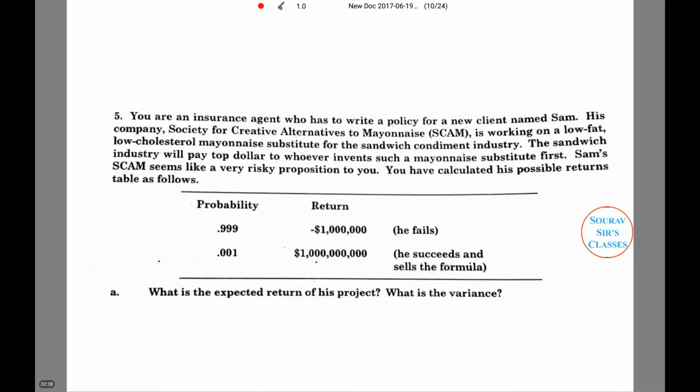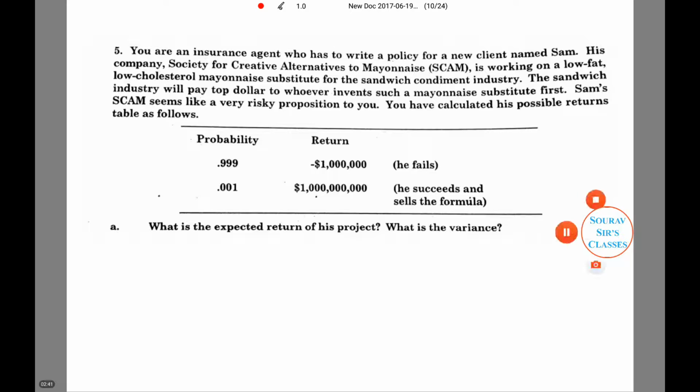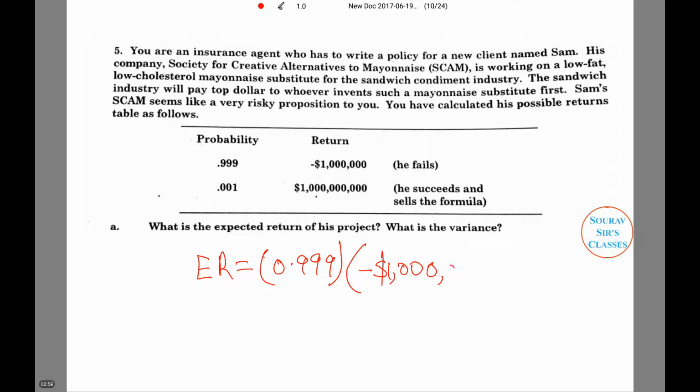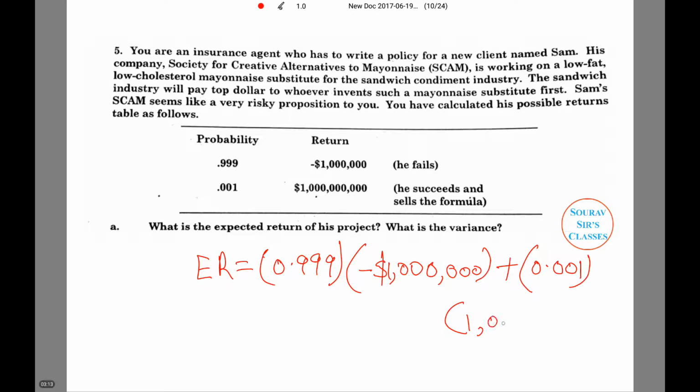Now we find the expected return of his project and then the variance. Expected return ER equals 0.999 into the expected payoff if you lose, plus 0.001 into the payoff that he'll get if he succeeds and sells the formula.